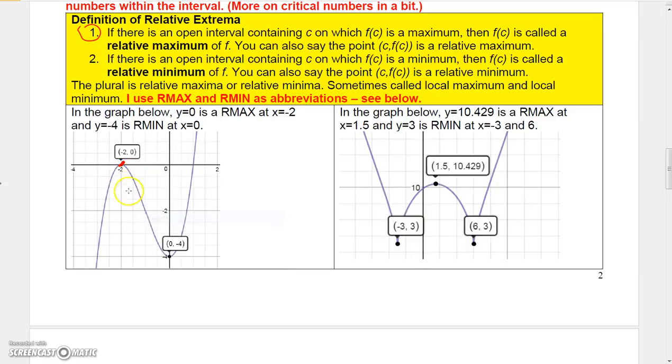So in that case we could say that this point, -2, 0, is a relative maximum. So basically we get a relative maximum of 0 at -2.